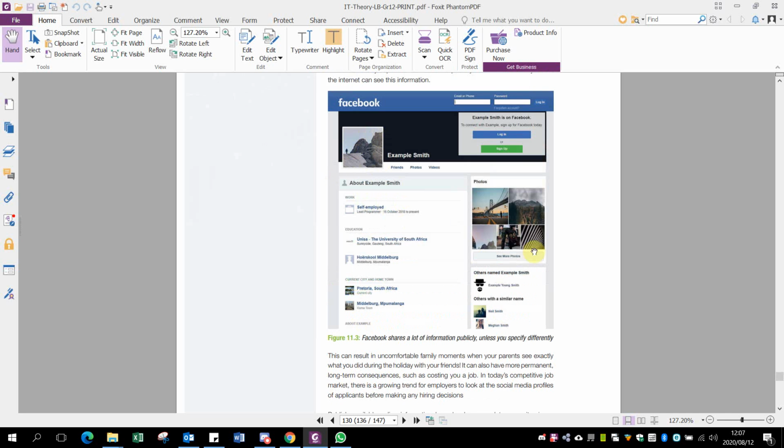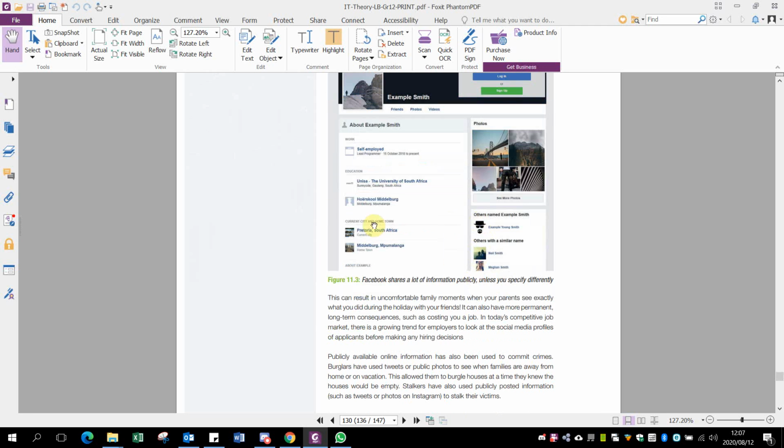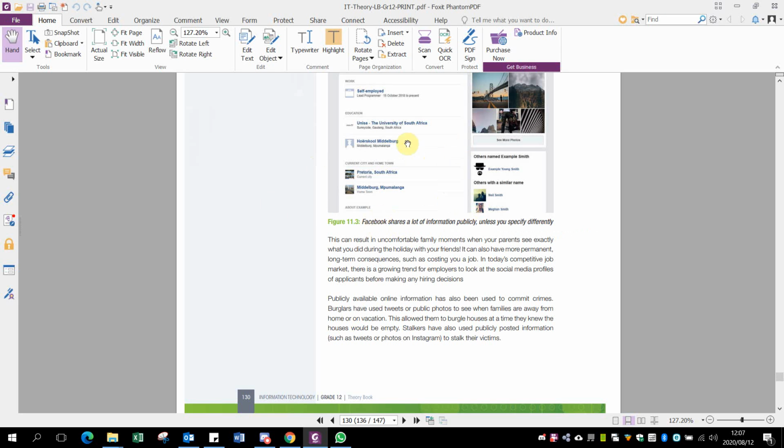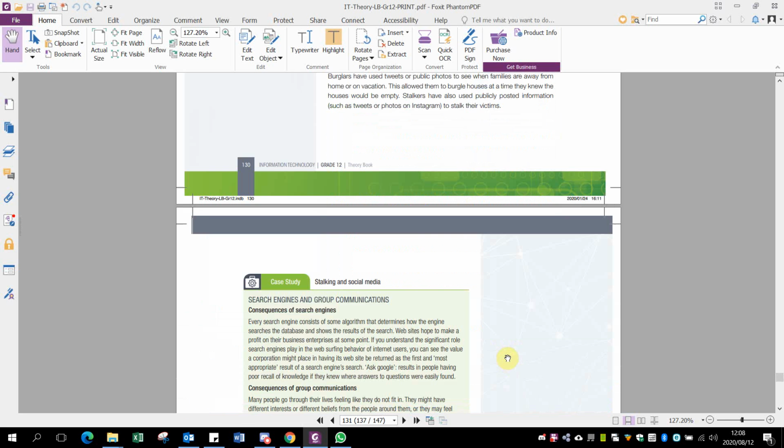They could also use pictures of yourself to create an Instagram account with your picture and your details and try to steal information from you or from people that know you. So it is actually very difficult, and then you also get stalkers that could stalk people or victims.